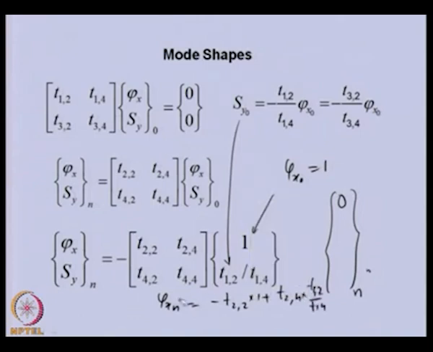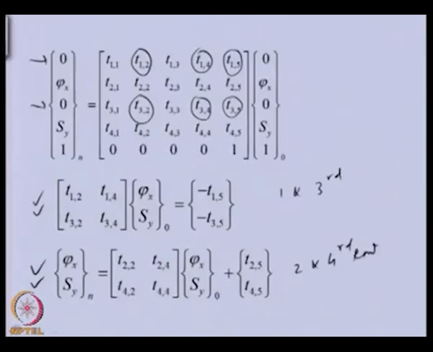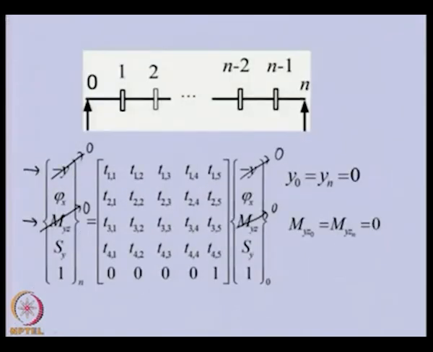So, you can see that we know this vector here. So, this will be substituted in the second place. Then the third place is for bending moment, that is 0 for simply supported case, because the nth disk we have already seen is having these boundary conditions.